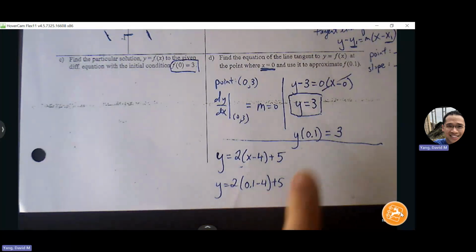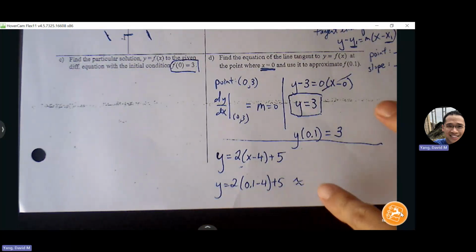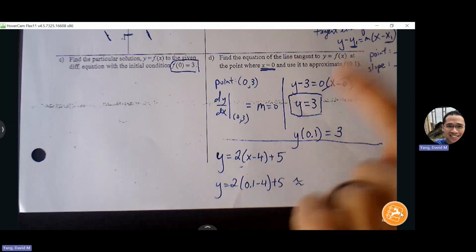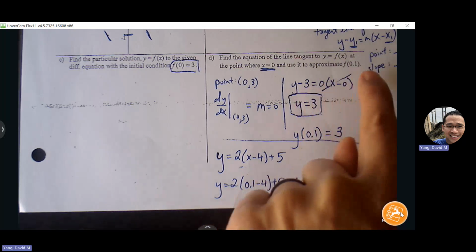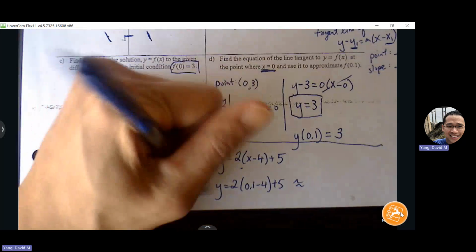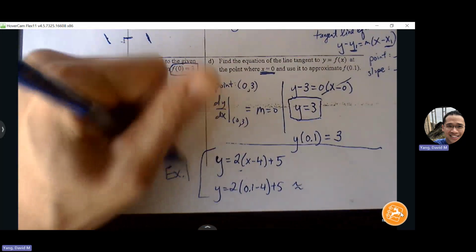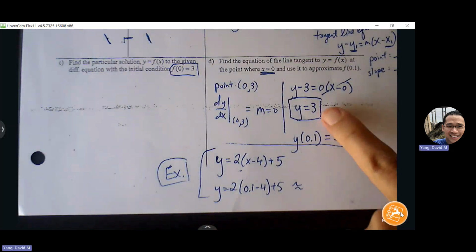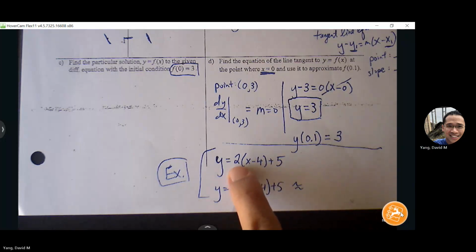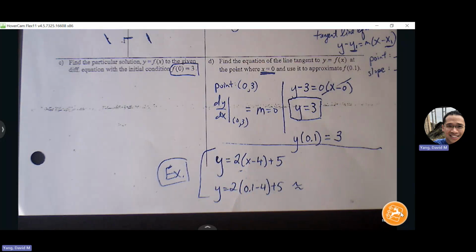Okay, so I want to make sure that we are comfortable with the equation, tangent line, and linear approximation. You build your tangent line equation, and then whatever decimal they give you, you plug into the x, and that's your approximation. This is just an example. This is not part of the problem. I just want to make sure that not all of your equations will be as simple as this. Usually it's something that has a slanted line as your equation.